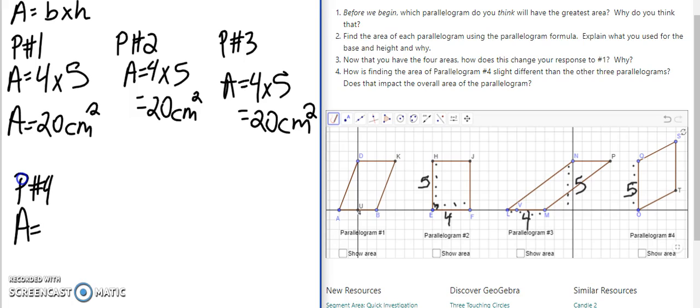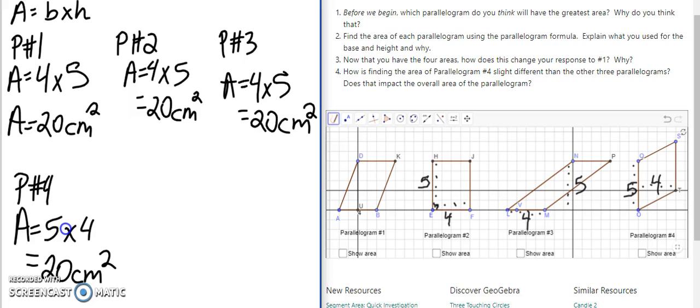My base in this case is 5. And again, I want the height to be perpendicular, so I can get my perpendicular line from point T over to QO. And then I can count 1, 2, 3, 4. Well, here again, that's a 5 by 4. It is also 20 square centimeters.